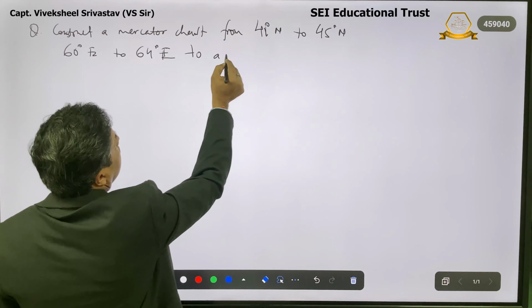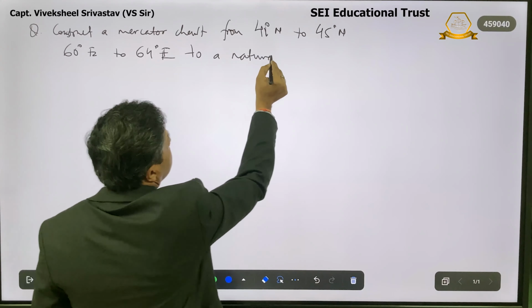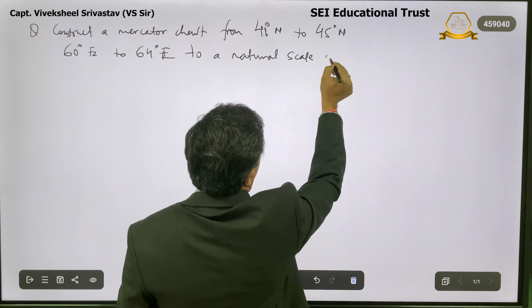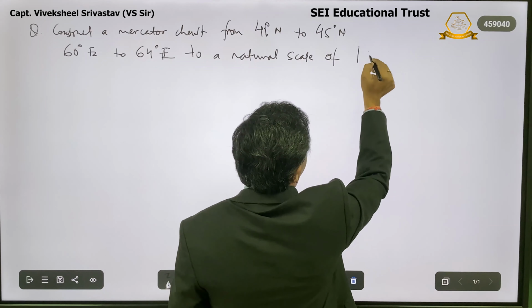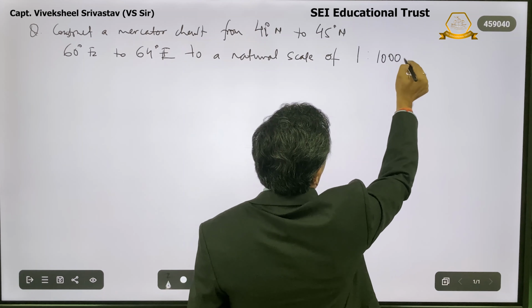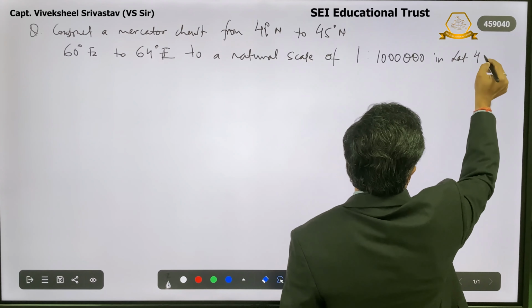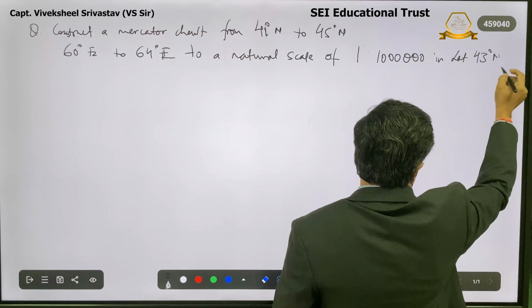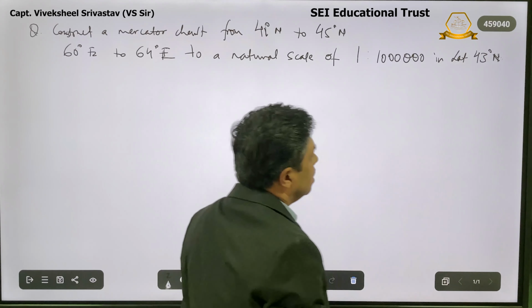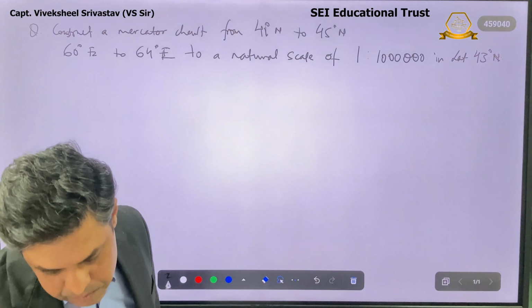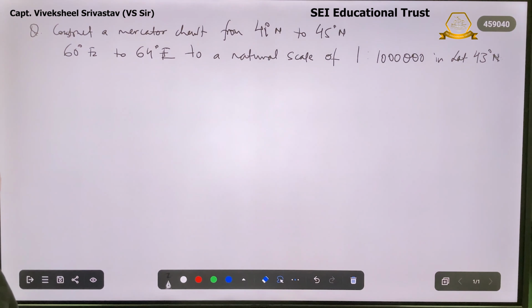So to a natural scale of 1:1 million in latitude 43 degrees north. Okay. So this is the question.